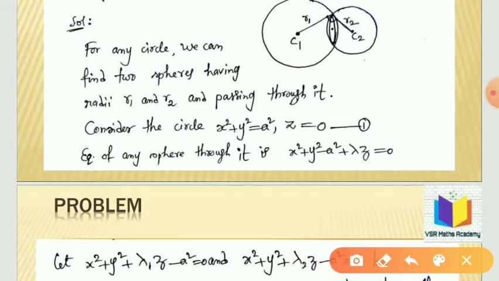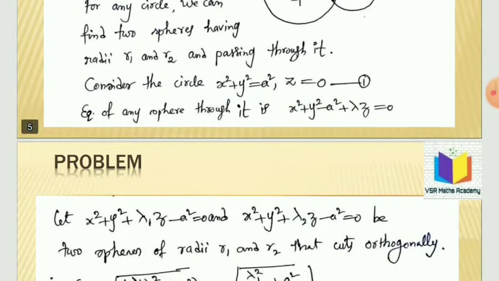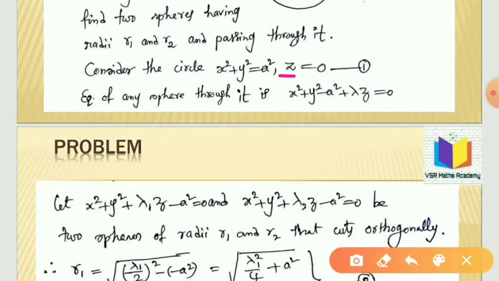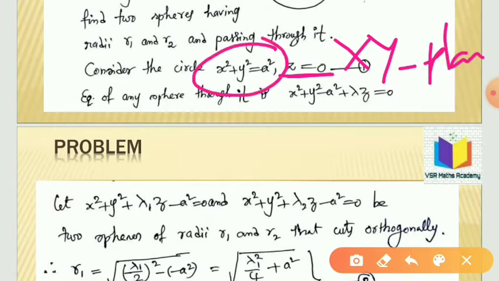So we are considering this circle: x square plus y square is equal to a square, z is equal to 0. Here z equal to 0 means the xy plane. The circle lies in the xy plane, and the center of the circle is the origin (0, 0) and the radius is a.